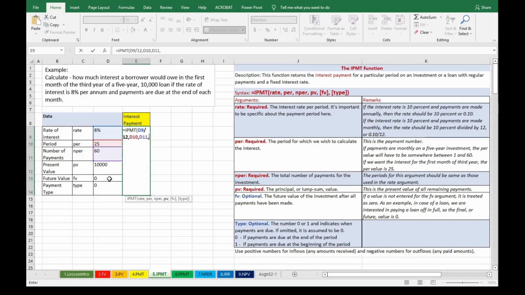Then PV is 10,000. Then we have FV 0 and the payment type is also 0. So we'll close the parenthesis, and here we got the value that we need to pay, 43.14 for this loan per month.